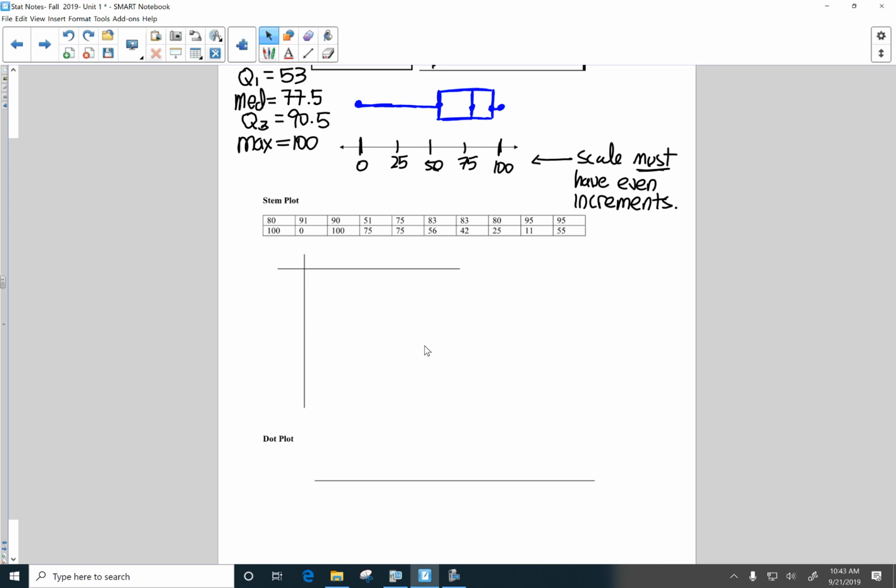There's just no functionality on the calculator for it. These are supposed to be quick, easy ways to get a sense of the distribution of the data without having to do a full-blown graph. It's quick and dirty, but it gets the job done. That's what the stem plot and the dot plots are all about.